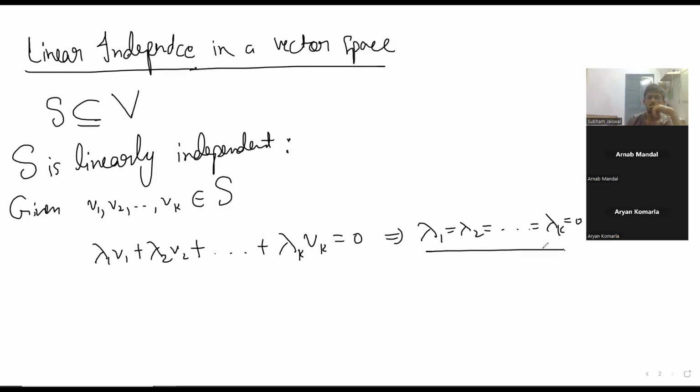So you pick any finitely many vectors from S. You may have seen some simpler definitions, but this is the definition I'm using, and it is also a common definition.